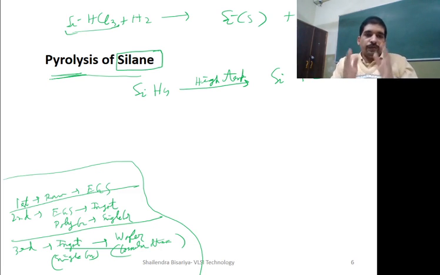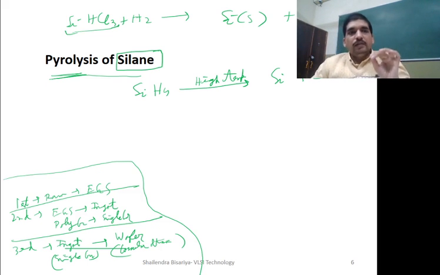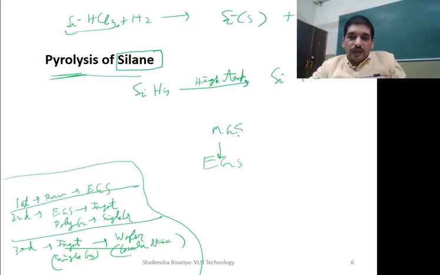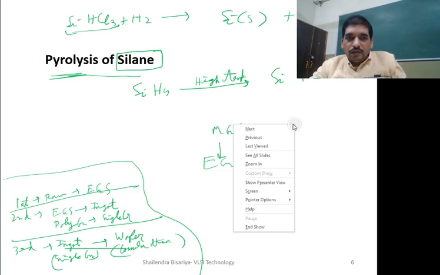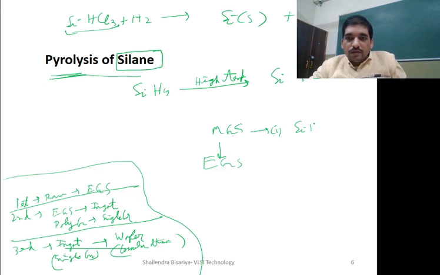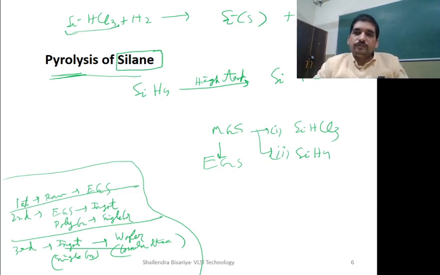For the present moment, we can only say that we can obtain EGS from MGS either by using trichlorosilane gas or by using silane gas. These are the two ways to obtain it. Whatever way we use, that doesn't matter.